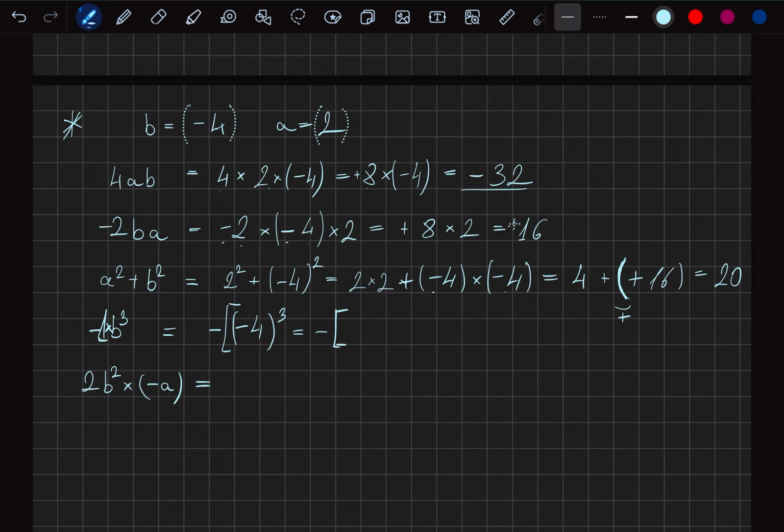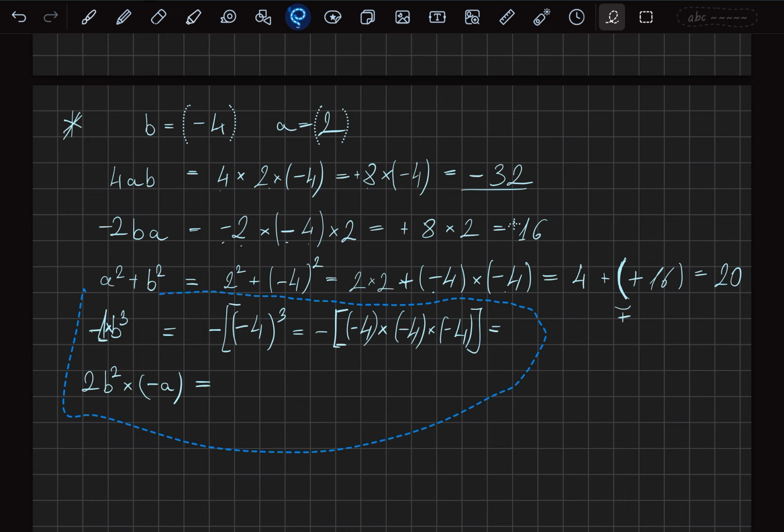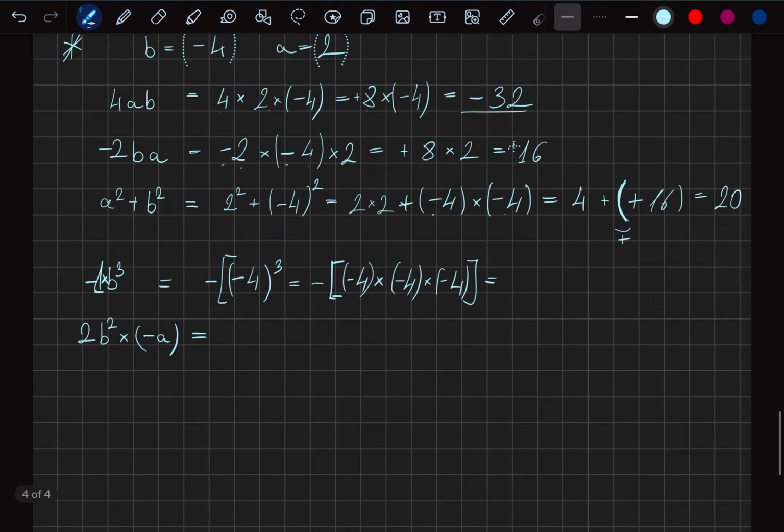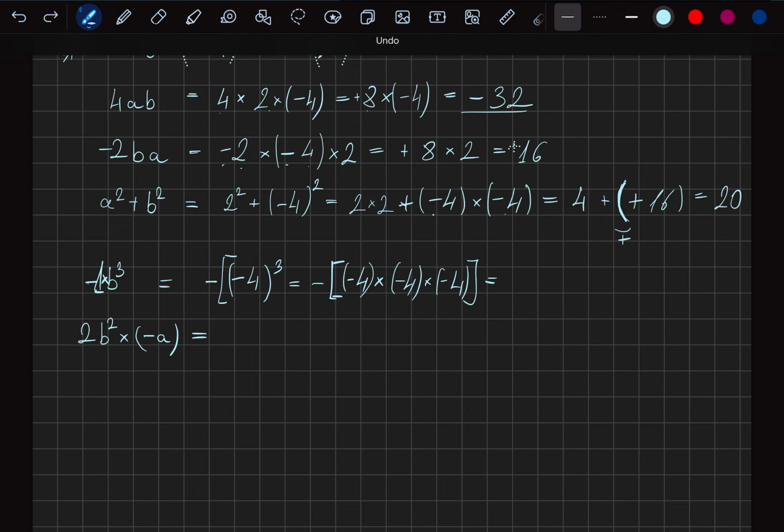Okay, so minus 4 times minus 4 times minus 4 times minus 4. I will move these things a little bit because I need some space, like this. Okay, so I will just calculate this one first.